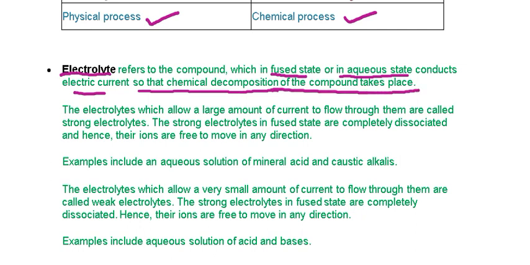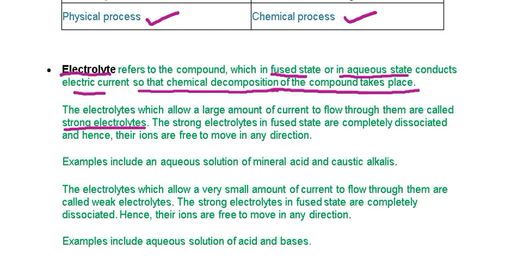It helps in the chemical decomposition. Now the electrolytes which allow a large amount of current to flow through them are called strong electrolytes. Those electrolytes which allow more current to flow, we can take in the category of strong electrolytes.